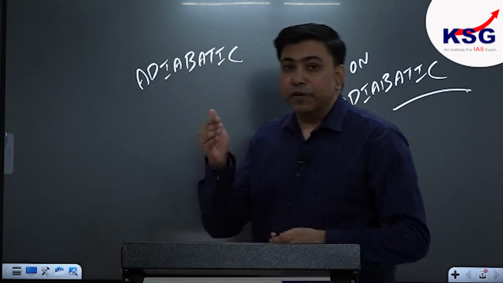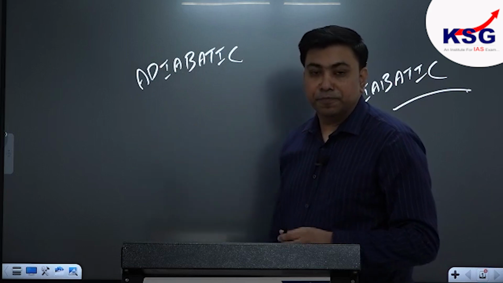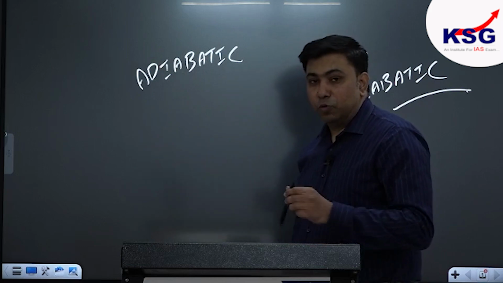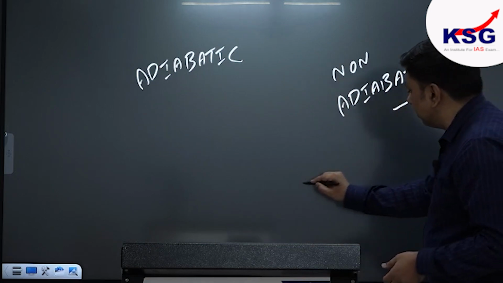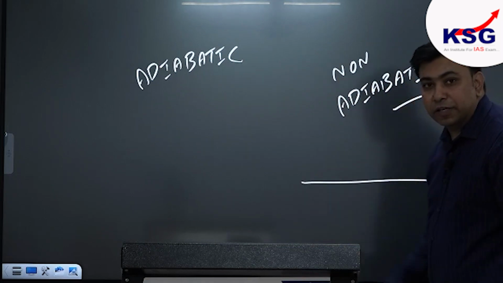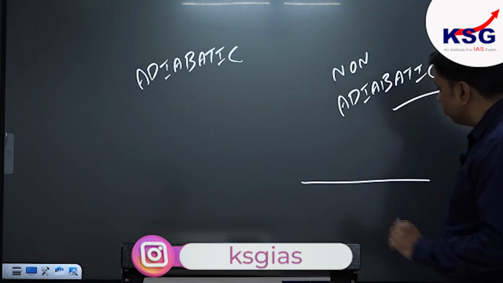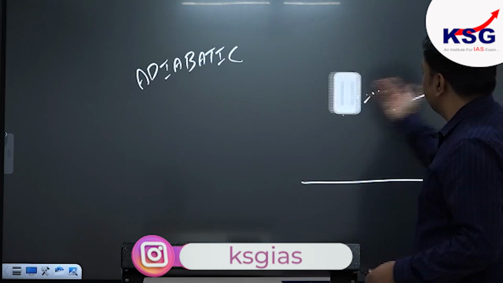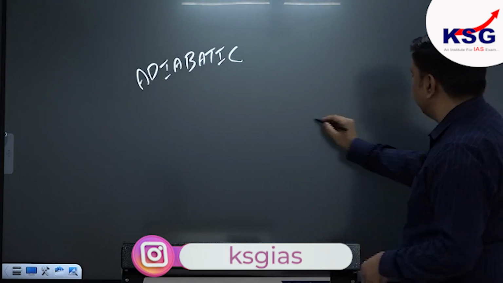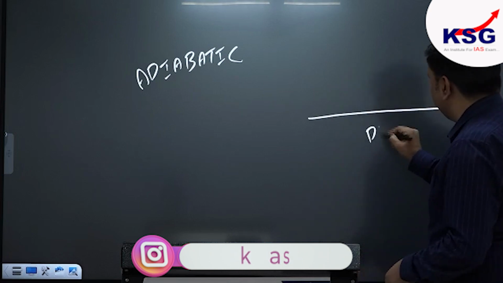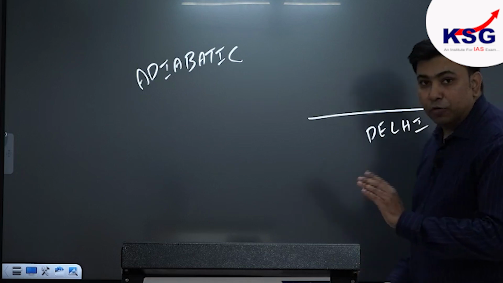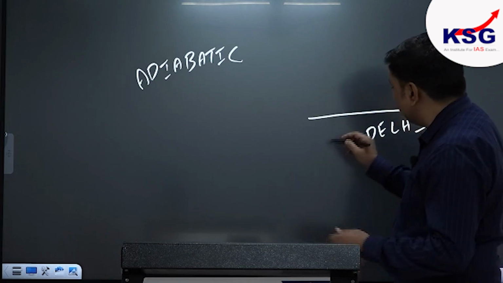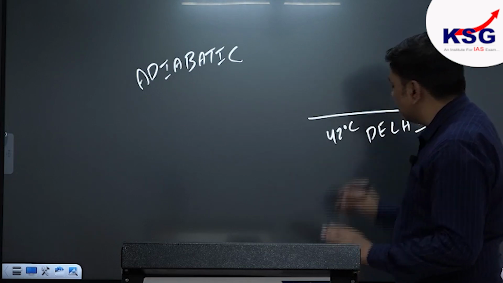Similarly, there are two ways by which the air could become warmer. I want to show this phenomenon. Take an example. Here I am showing the surface of earth where we are standing. Presume this is the surface of a city, Delhi, and the temperature in the month of June over Delhi is approximately 42 degrees Celsius, very high.